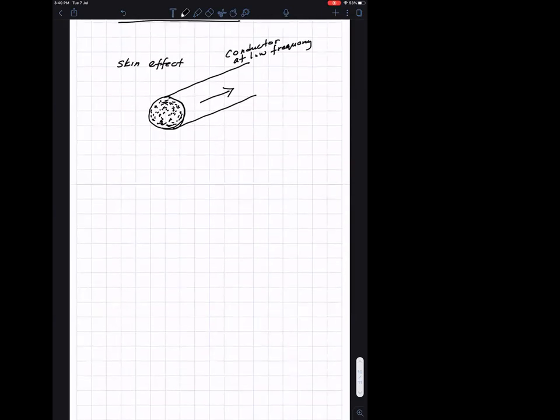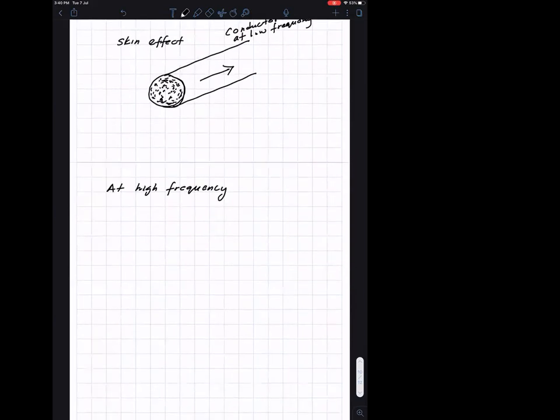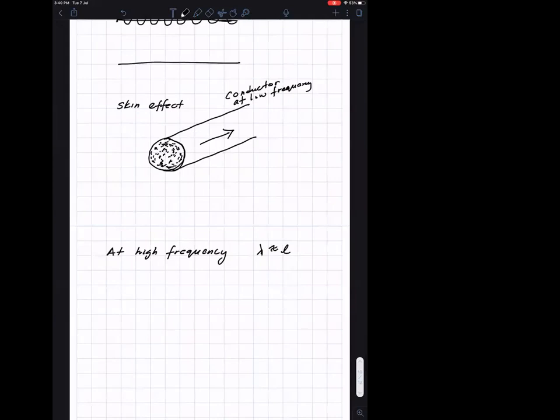At high frequency, when we say high frequency, what I'm saying is that the wavelength is approximately the length of the circuit. So at high frequency, what happens? This can be low frequency or DC.